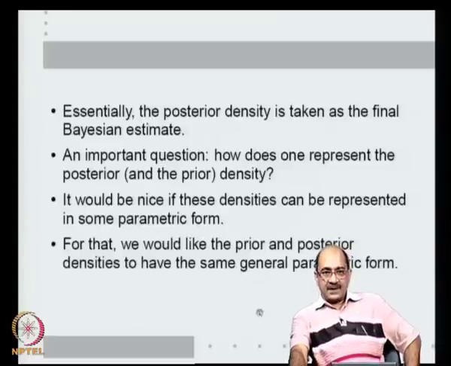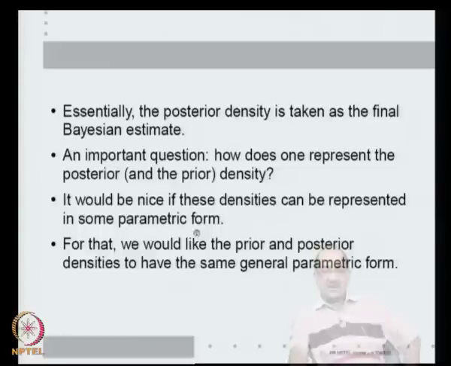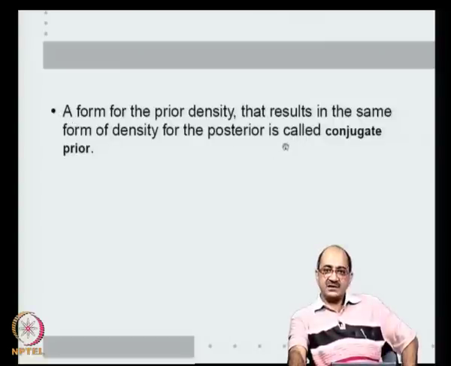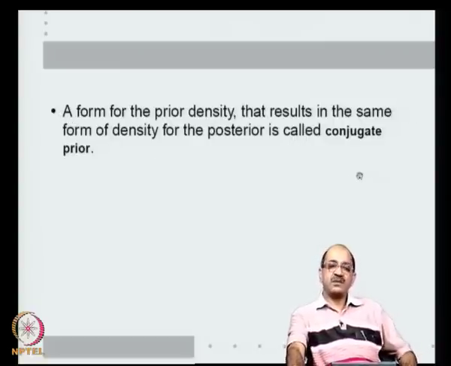For that, what we would like is that the prior and posterior densities should belong to the same parametric form. If the prior is, say, a Gaussian density, we would like the posterior also to be a Gaussian density. Otherwise, every time I get more data, I may get a different density. So, this means I should choose my prior carefully. A form of the prior density that results in the same form of density for the posterior is called a conjugate prior, right.